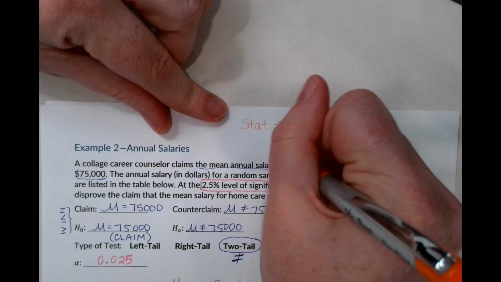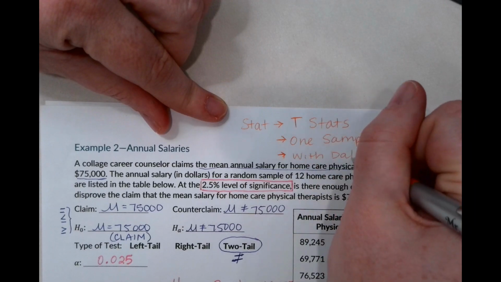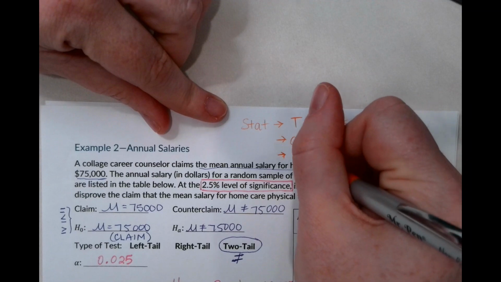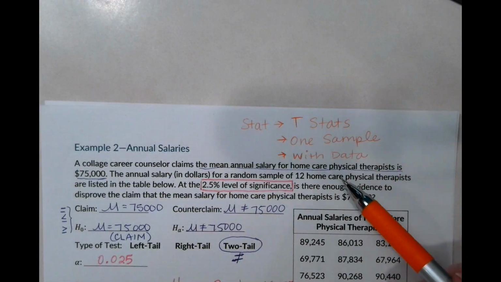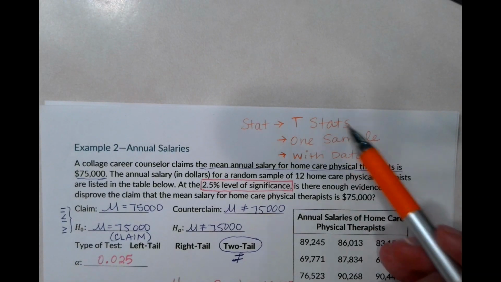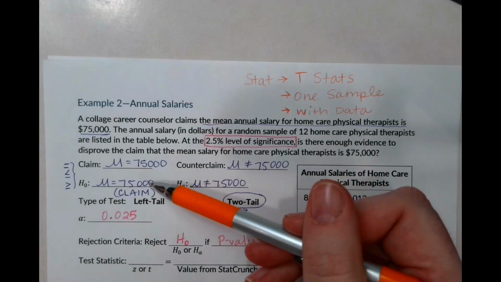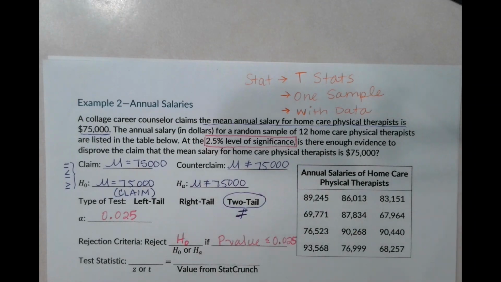So I'll select that first option, with data. I don't have a picture of the screen that you'll fill in. Unfortunately, I didn't print that part off. But when you're doing the with data, you'll just select the column that the data is in. And then you'll make sure that your null and alternative hypotheses match up. Everything else can be left alone, and you can click compute.